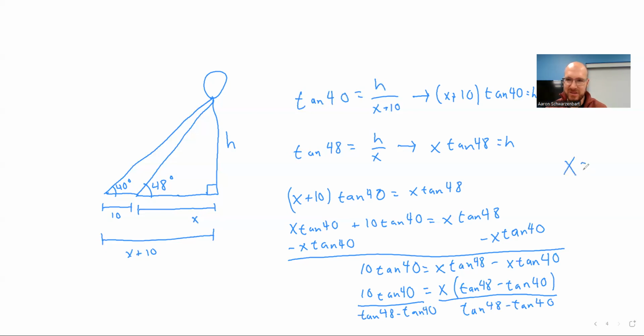And now I'm going to go to my calculator. What's left on the right side is just x. Probably should write that up the other way. And the left side, I'm putting into the calculator.